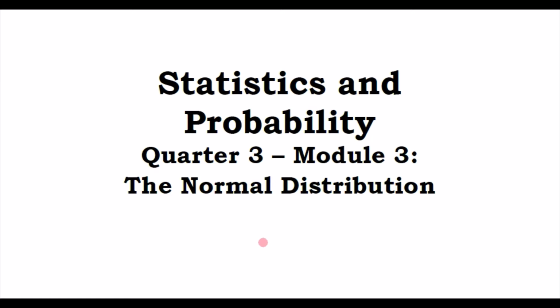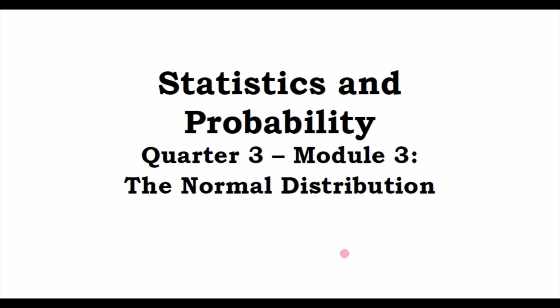So, our past discussion on the discrete probability distribution is a distribution about the discrete data or the discrete variables. This time, in the normal distribution, we will be discussing the continuous probability distribution. The normal distribution is the distribution that involves the continuous variables.